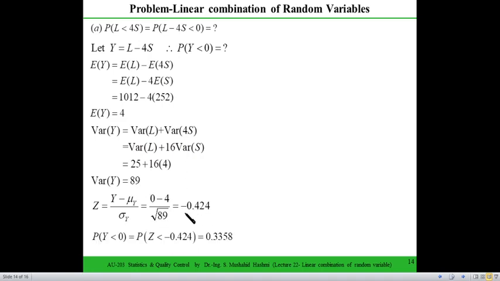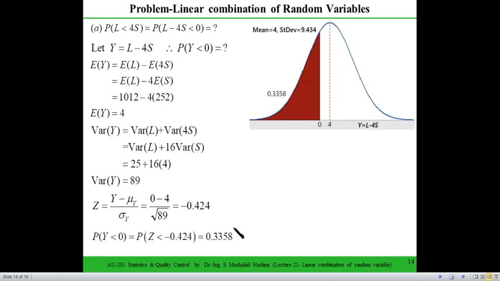So we need to calculate the corresponding probability using the table. This is the first part we have done, and from the software we have seen that 33.58% is the probability. You can use the table as well to calculate the corresponding probability, because here the mean value is 4 and the standard deviation is the square root of 89, which is 9.434.